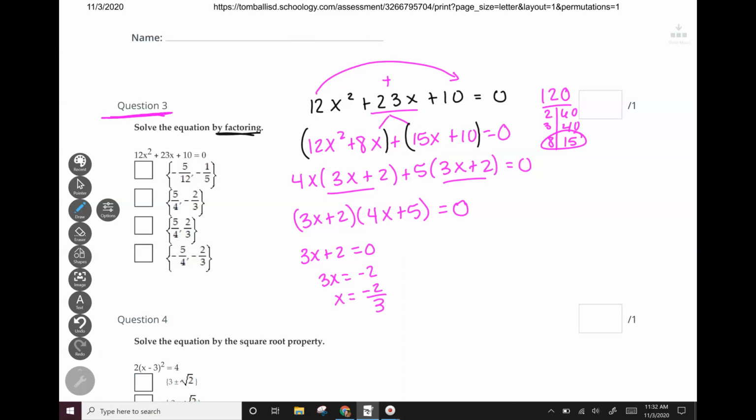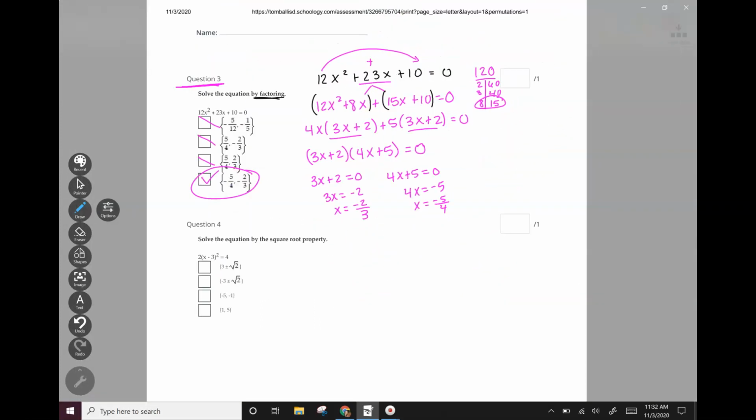So one of my solutions should be negative 2/3. And then the next one, 4x plus 5 equals 0, 4x equals negative 5, x equals negative 5 over 4. So I'm looking at negative 5 over 4 right here, so that's not it. It's going to be this bottom choice here.